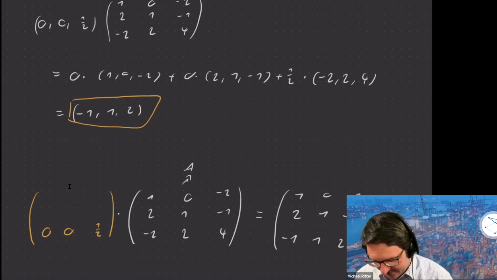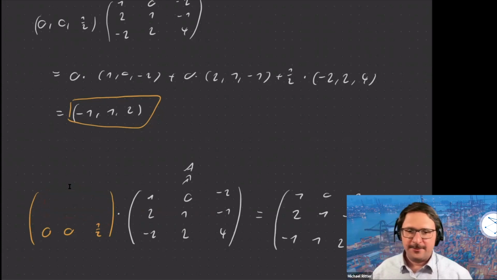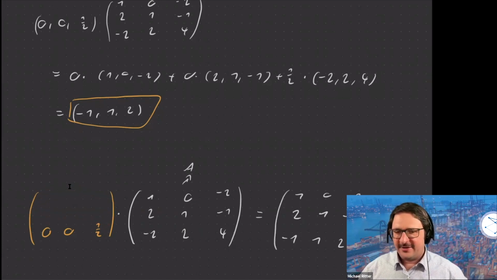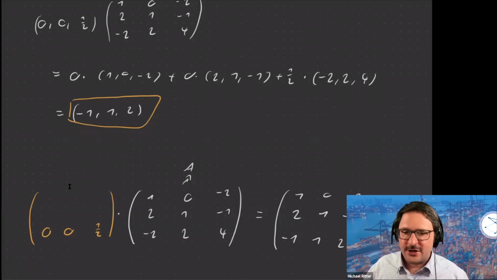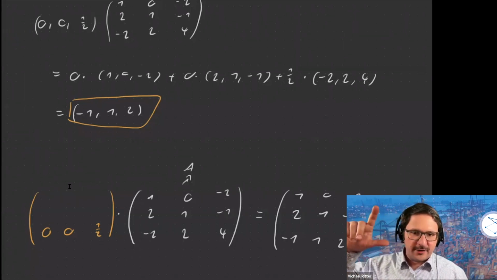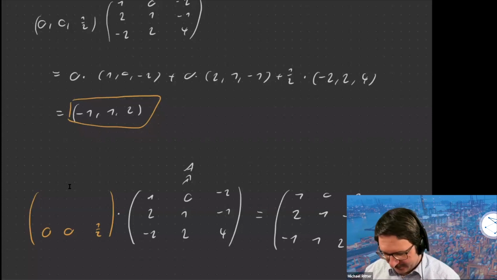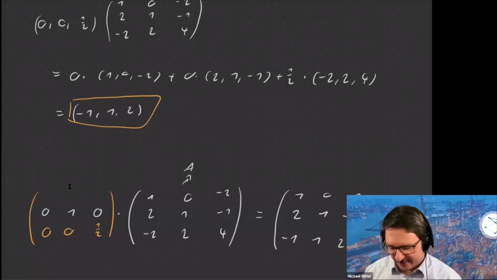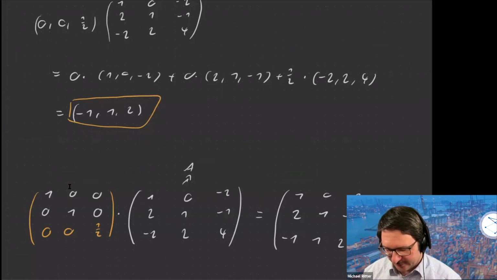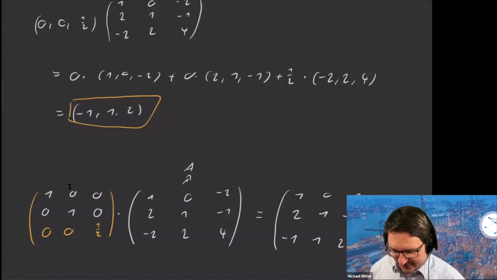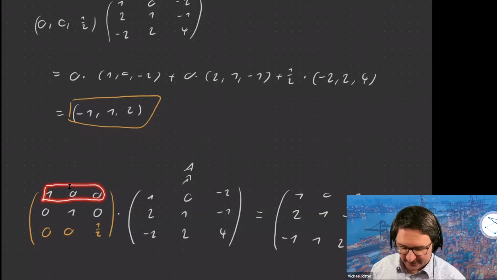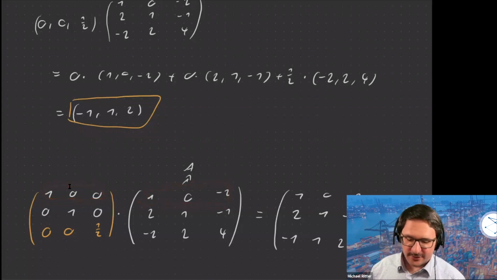So I need to adapt the first 2 rows here accordingly. And of course, copying a row basically can also be interpreted as taking a linear combination, where I take 0 times all other rows and just 1 time this specific row that I want to copy. So this is what I'm doing. To copy the second row, I want the coefficients 0, 1, 0. And to copy the first row, I want the coefficients 1, 0, 0. Right? So the first row of the result will be this linear combination of the rows of A, so just 1 times the first row.